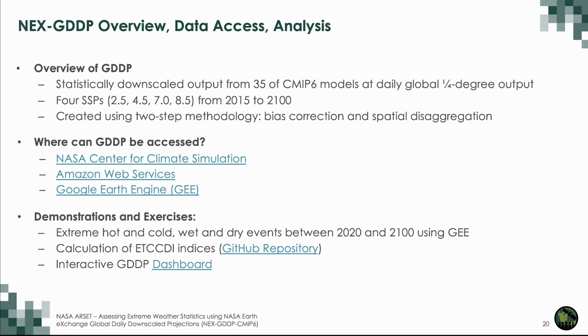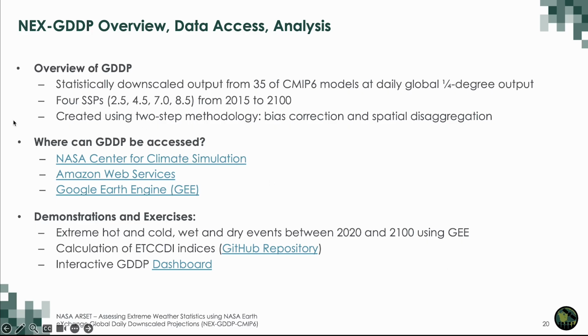In part 1, the overview of GDDP, we saw that it is a statistically downscaled output from multiple CMIP6 models. Data are produced using a two-step methodology, bias correction and spatial disaggregation, and are available at quarter degree spatial resolution for 4 shared socioeconomic pathways shown here.